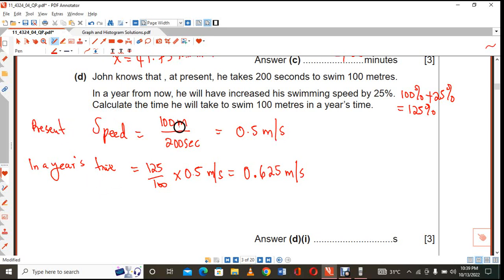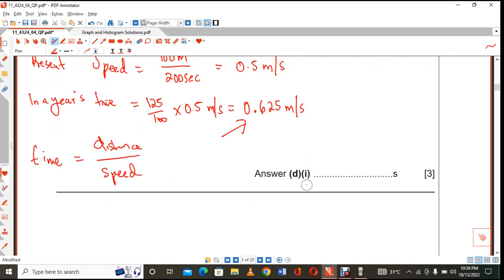But they are not asking us to calculate the speed. They are now saying calculate the time he will take to swim 100 meters. In order to calculate time, you take the distance, which is still 100 meters, and you divide this distance by the speed. Hence, you had to calculate the speed here. I'll just go down so I can have some more space to work.